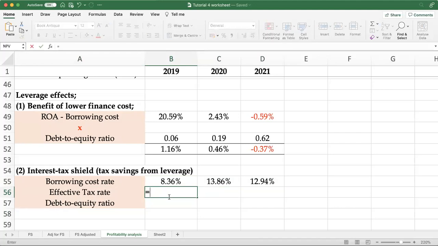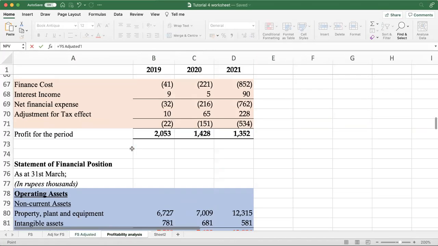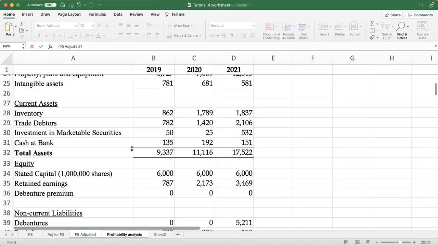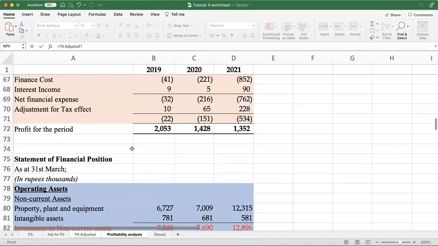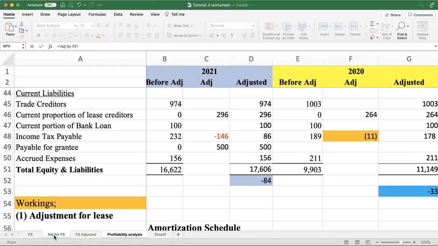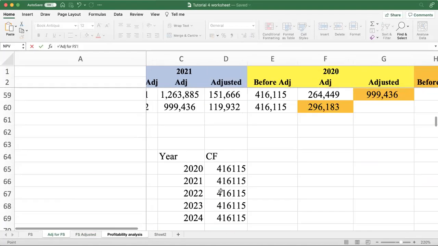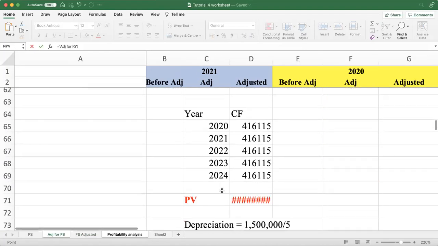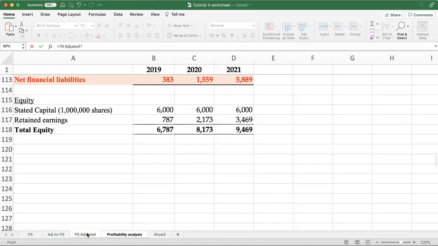So you can link those values in your adjusted financial statements, under those adjustments.